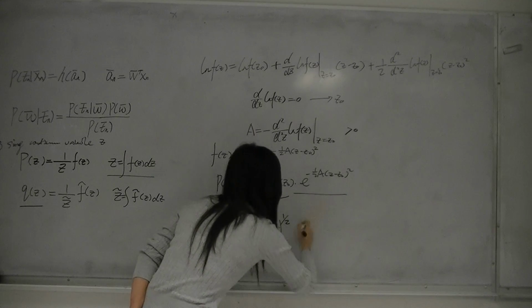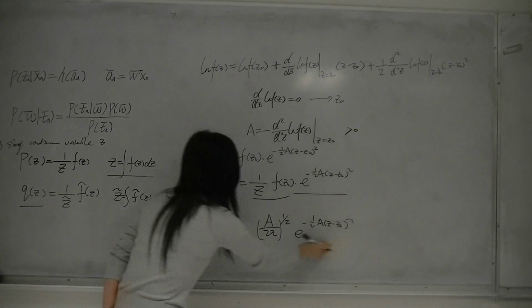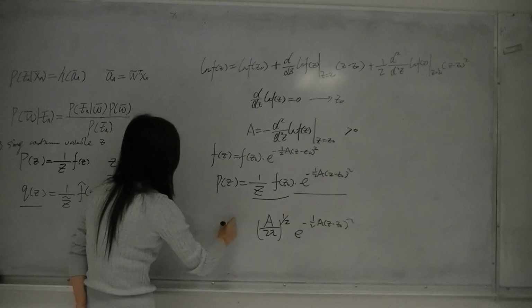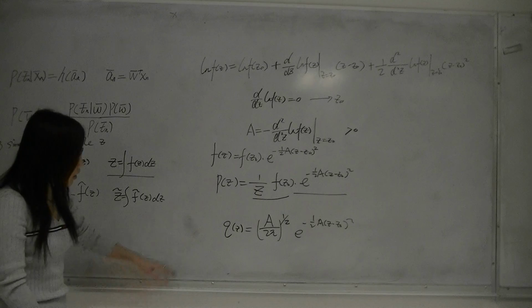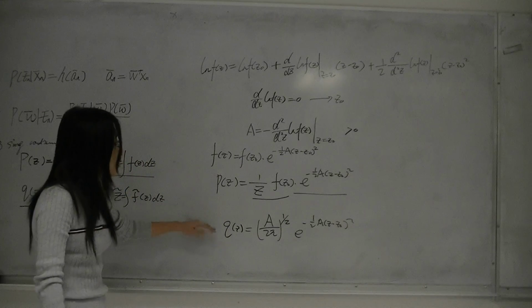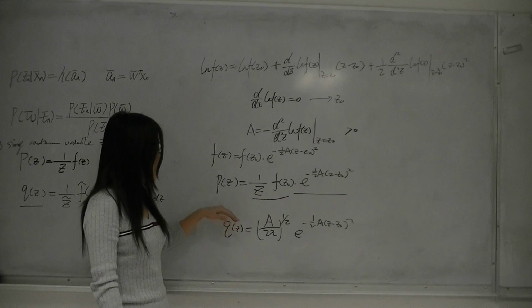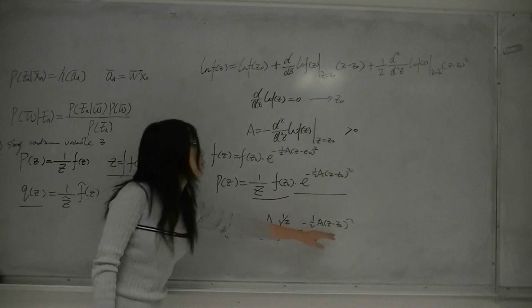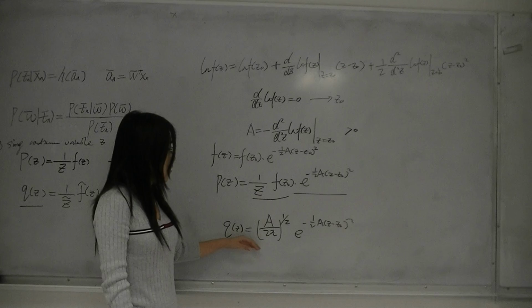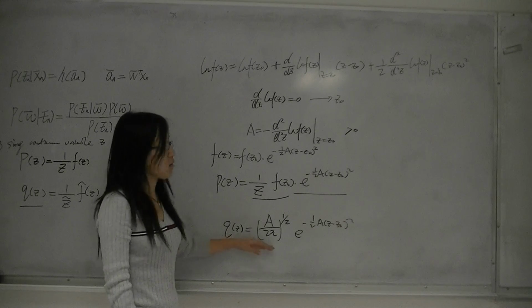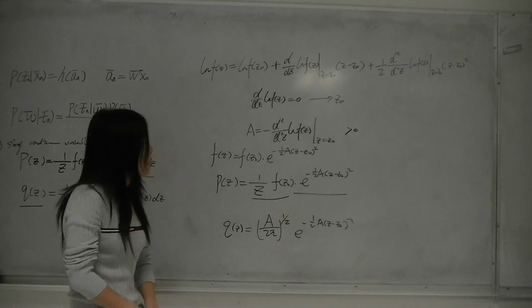And we write this normalized Gaussian distribution. So this is a normalized Gaussian distribution, and it is also the approximate distribution for p(z). So we can say that the approximate distribution and the true distribution have the same mode, z_0. Here the capital A is the precision of the approximate Gaussian distribution, so the precision should be a positive number.